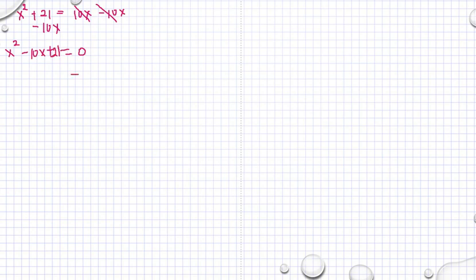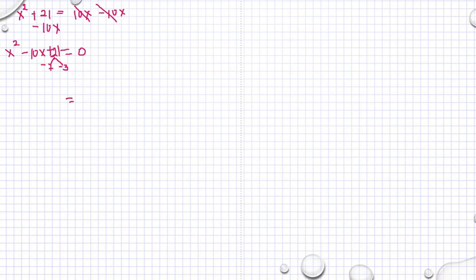You need to rearrange that. And then 21 can be, since the middle term is negative, negative 7 and negative 3, so that we get positive 21.